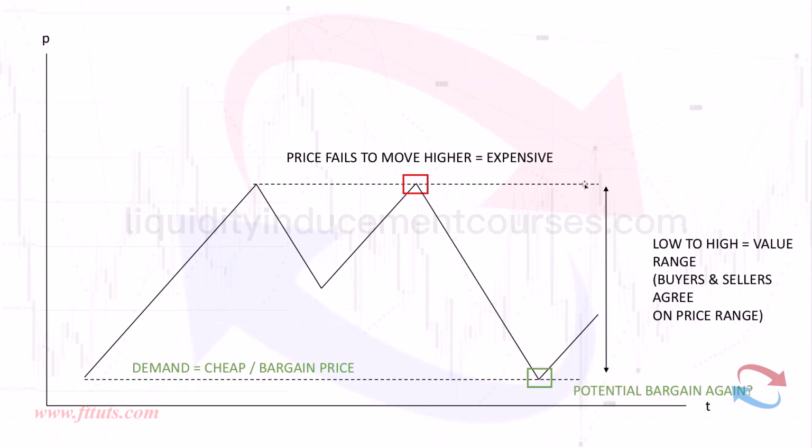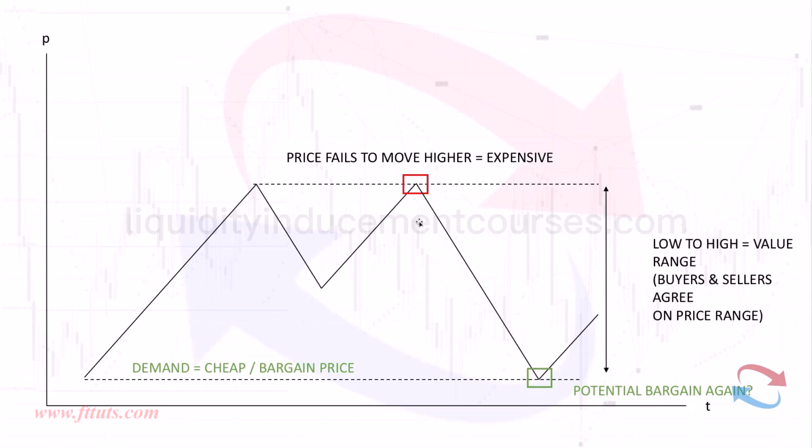So what happens between a cheap and an expensive level? If prices then come back down to this demand zone, this once considered cheap demand zone, imagine you had bought down here, you were smart money, sold up here, made some profit. If you had a chance to buy the same asset again and knew the value of that asset that you bought and made some money on, would you not try to buy again at this area?